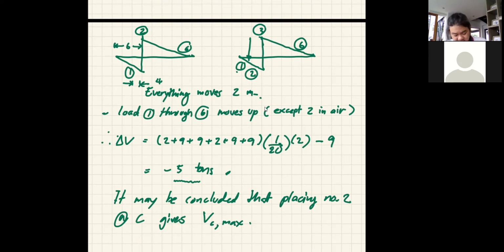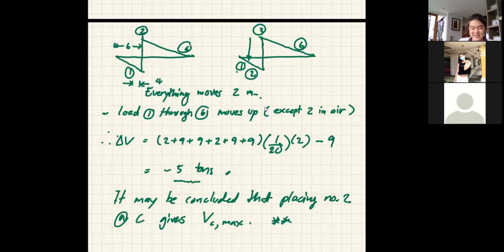So chances are, by observation, this is the condition that gives us the maximum shear at C. Okay. So is this more difficult? Yes. Example, see how things move.